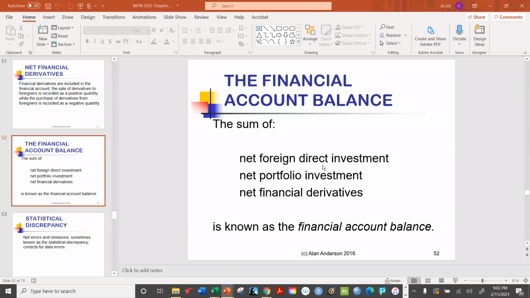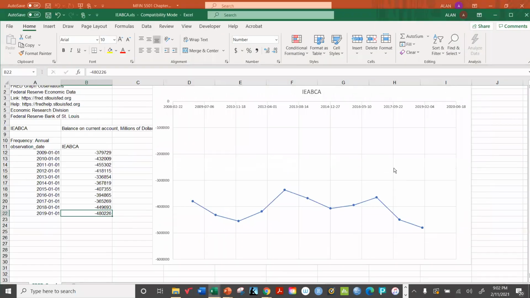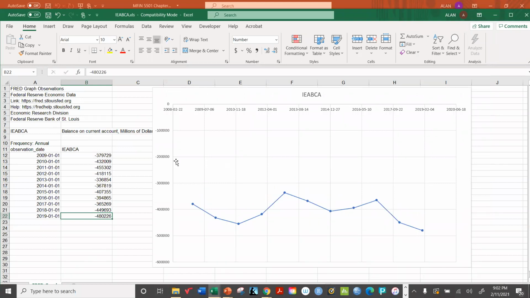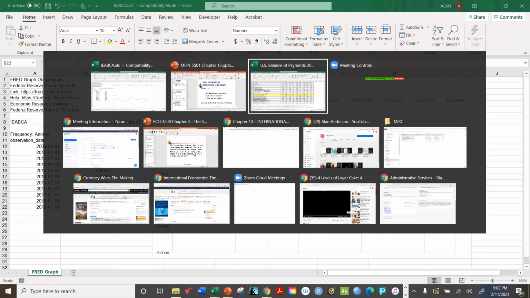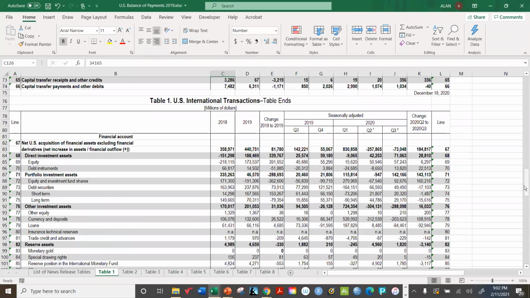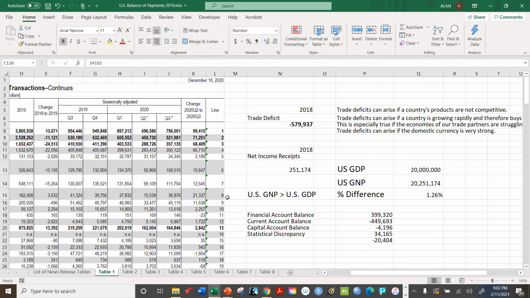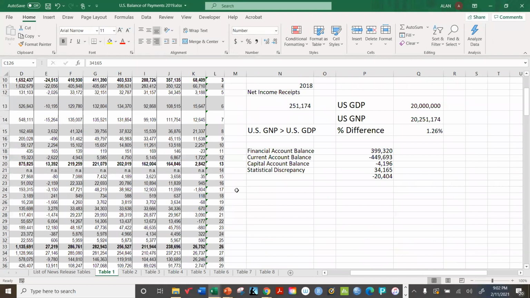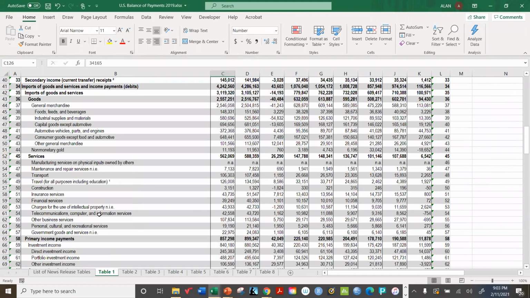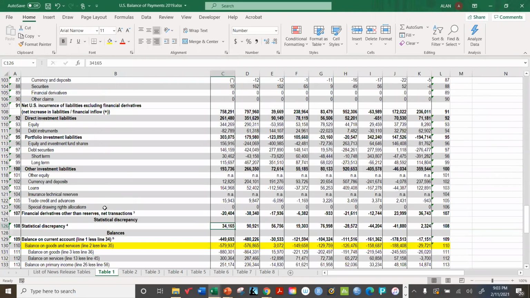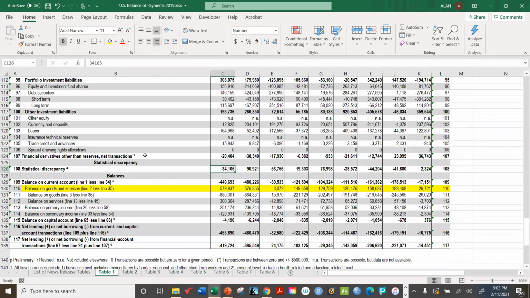Okay, let's see. Wait a minute now. I just noticed something. Let me just check this out for a second. See, the thing is that it's so strange. They don't actually have a separate listing for the balance in the financial account. Oh, here it is.